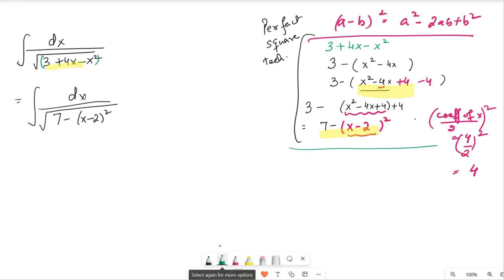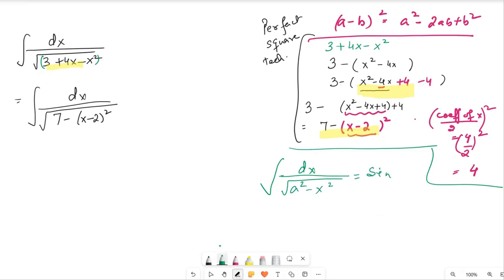Now let's see which formula this looks like. This is a little similar to dx by square root of a square minus x square. That's sine inverse of x by a plus c. Okay. In this question, in place of a square, what do we have? 7.